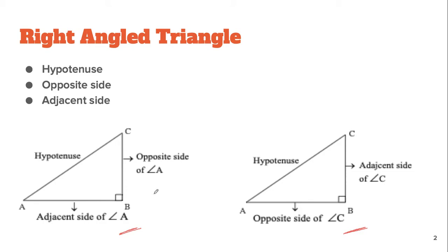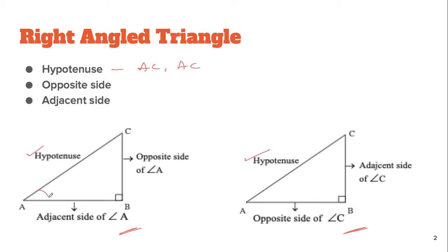The side that is opposite to the 90-degree angle is the longest side, and it is called the hypotenuse. In both cases, the hypotenuse is the side AC, for the triangle on the left hand side as well as for the triangle on the right hand side.